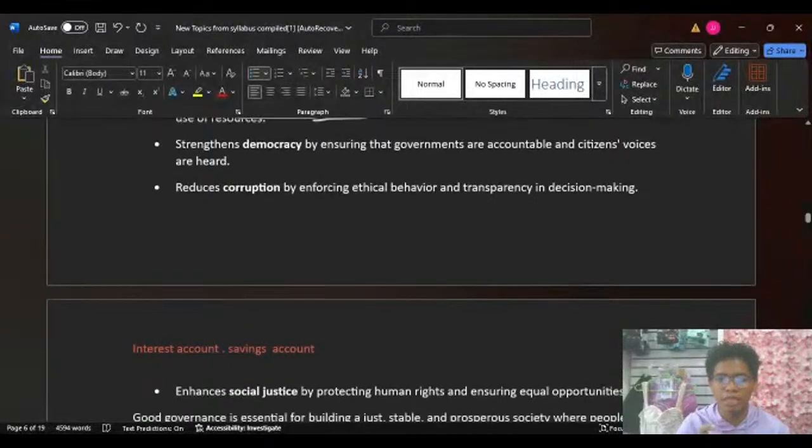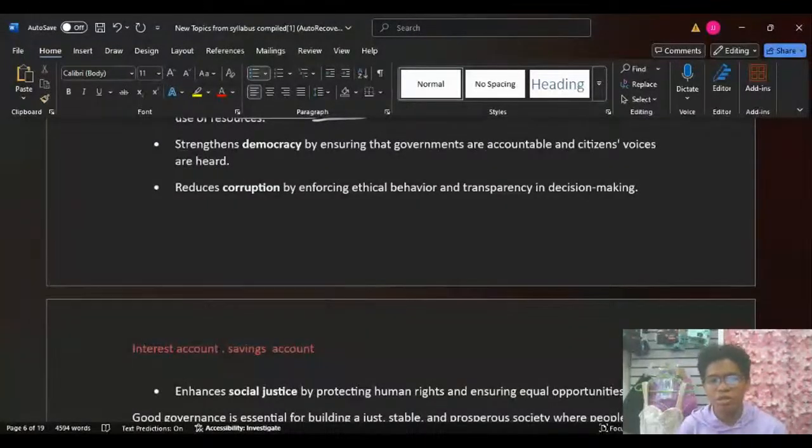It reduces corruption by enforcing ethical behavior and transparency in decision making. Usually in a democratic country, there is free speech. So people like me could go on social media and cuss out the government and say, "Y'all doing a set of madness." But if the government was doing good work, I would say, yes, they're doing good things.